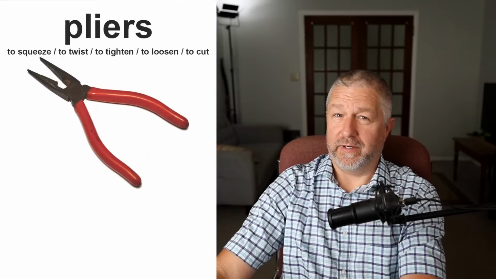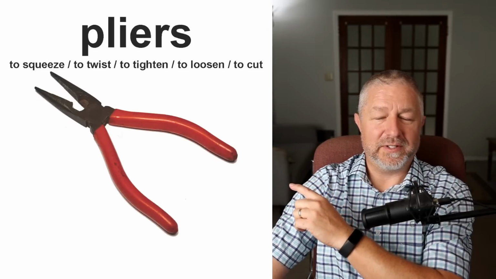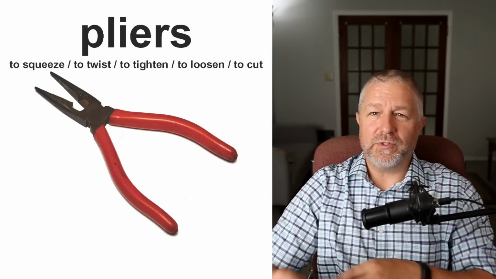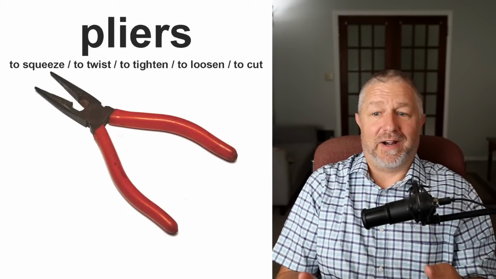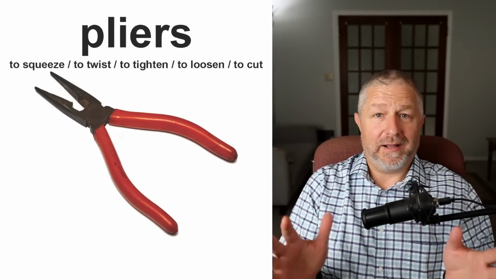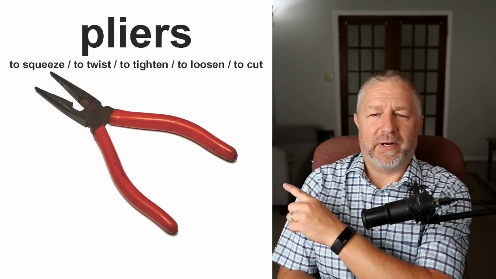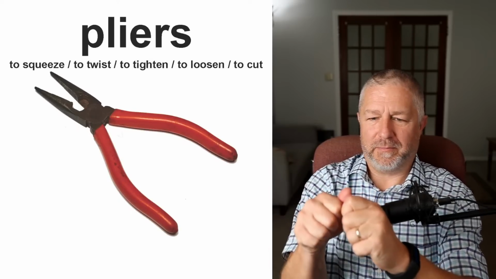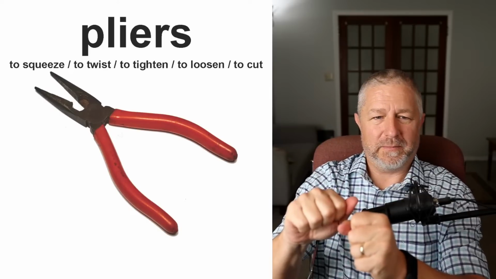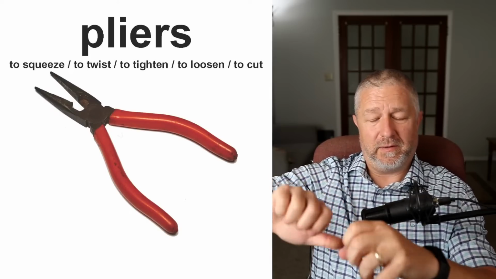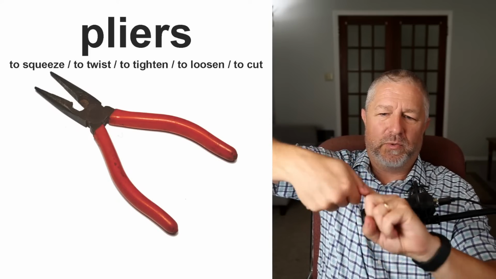Pliers, very handy. This set of pliers is actually called needle nose pliers. You use these to squeeze, to twist, to tighten, to loosen, to cut. I love a good pair of pliers. You can use a pair of pliers like this to squeeze something together. You can twist something with them. If you have two wires, you can put the pliers on and then you can twist the wires.